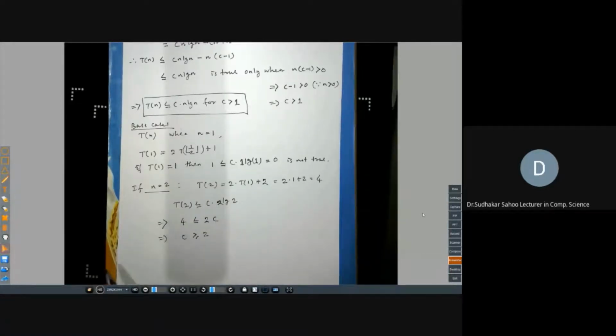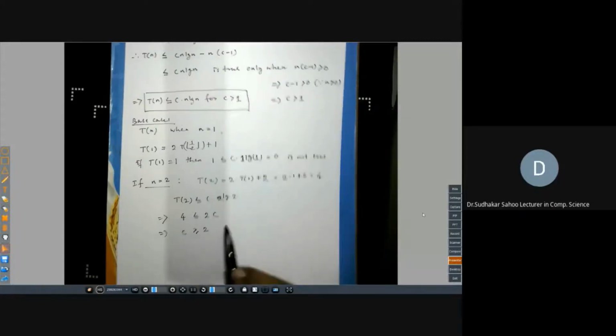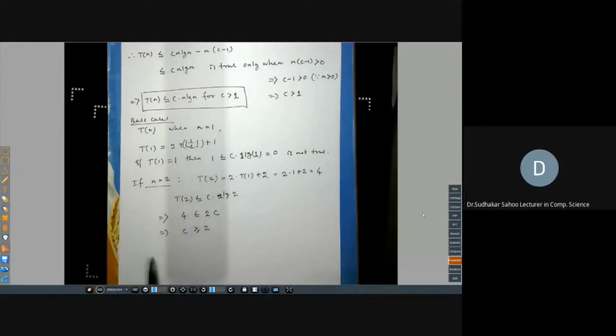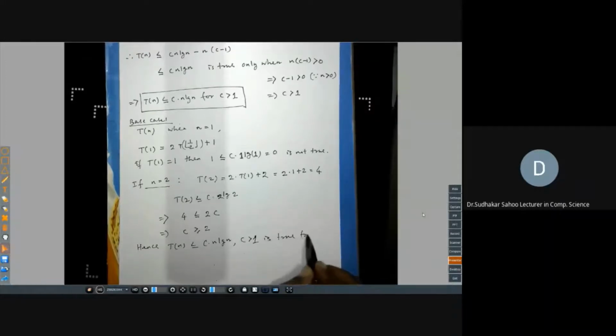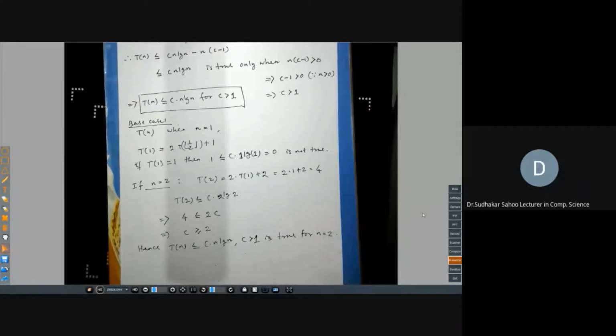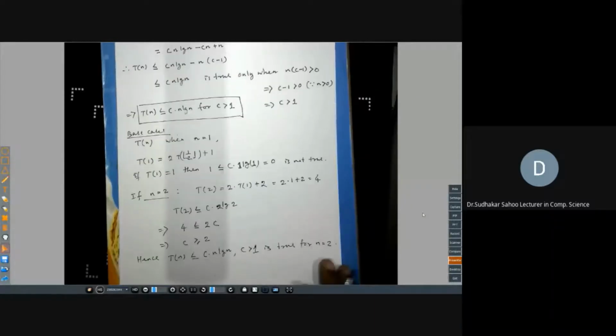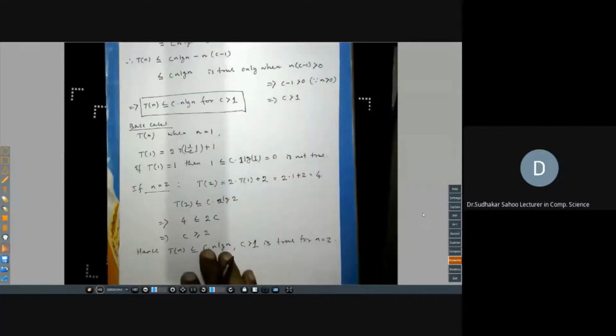This base case is true. So T of n is less than or equal to C into n Lgn, where C is greater than 1. You can choose C equal to 2, which is always greater than 1. So it is true for n equal to 2, and we have proved it.